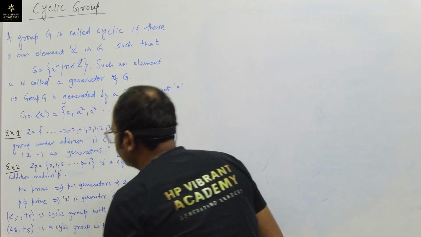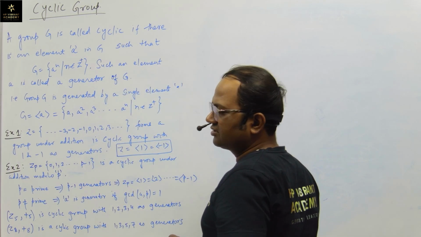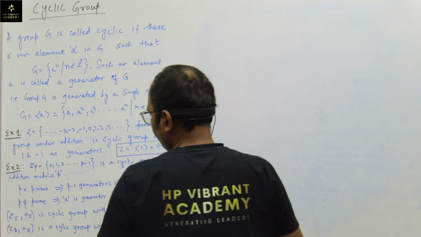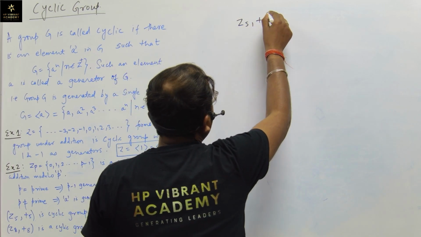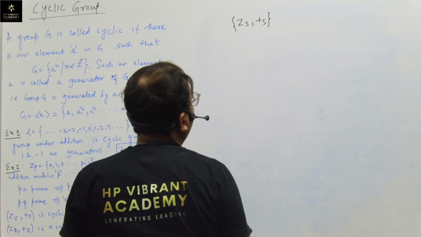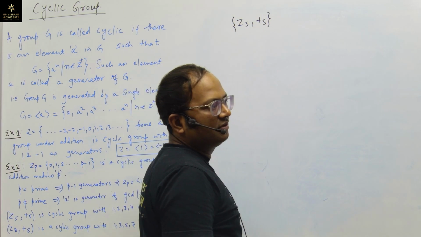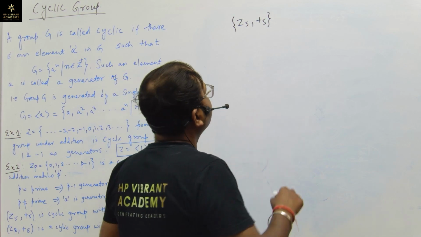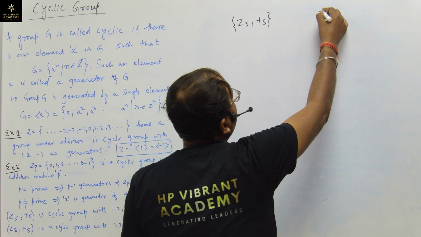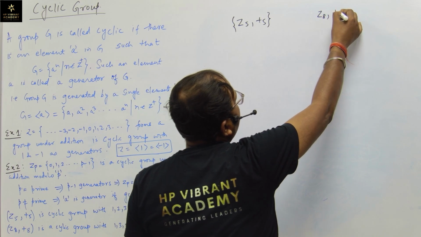Let us discuss a few more examples. We have Z5 under addition modulo 5. This is a group. Obviously, we have seen that Zp under addition modulo p is a group. Now we have Z8 under addition modulo 8.